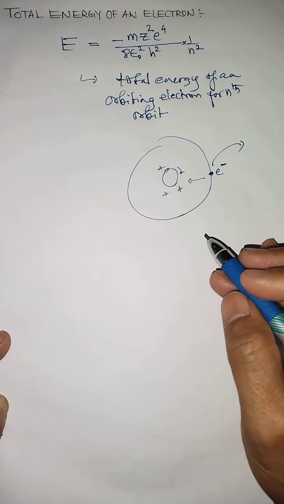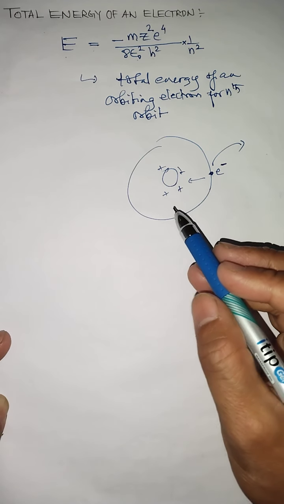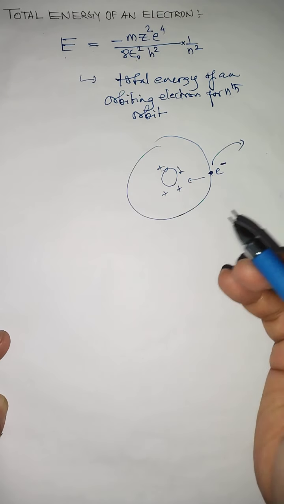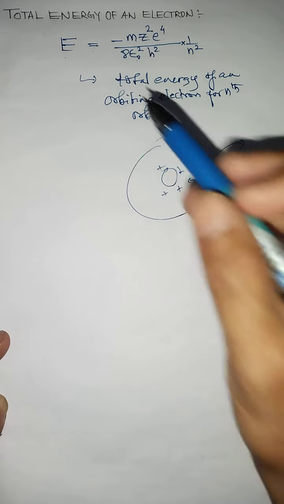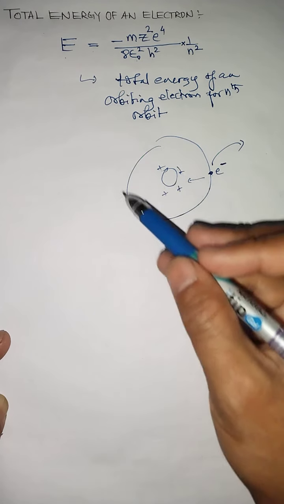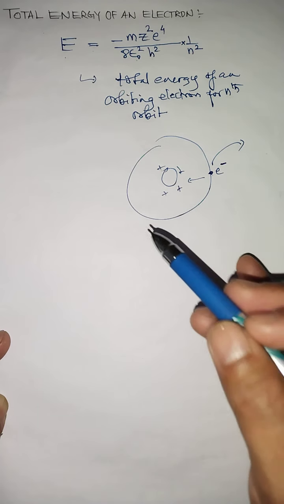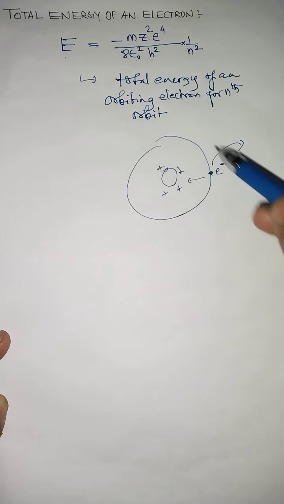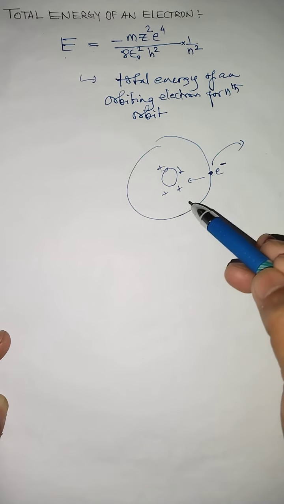This energy is maximum negative in the lowest orbit, because the electron in the lowest orbit is strongly bound by the nucleus. When you calculate, the total energy is maximum negative at the lowest orbit, which means that in the lowest orbit the electron is tightly bound due to the strong force of attraction exerted by the nucleus.